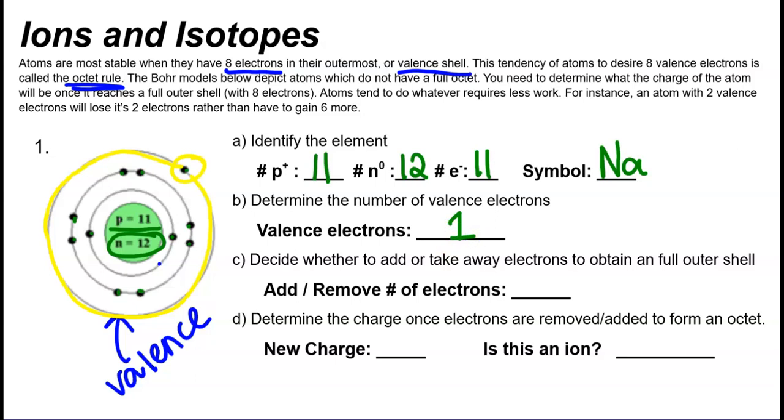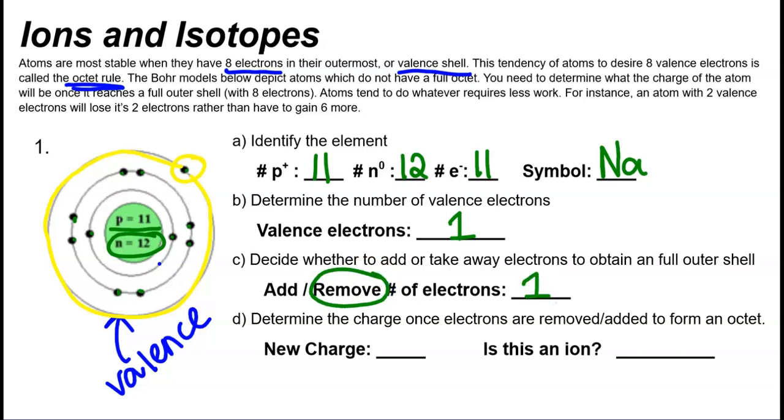Now we need to decide whether to add or take away electrons to obtain a full outer shell. And remember, we need to get to 8. So would it be easier for this atom to just lose that one electron, or to have to gain 7 more electrons? Well, it's definitely easier to remove just one thing than have to gain 7 things. So we're going to remove that one electron.